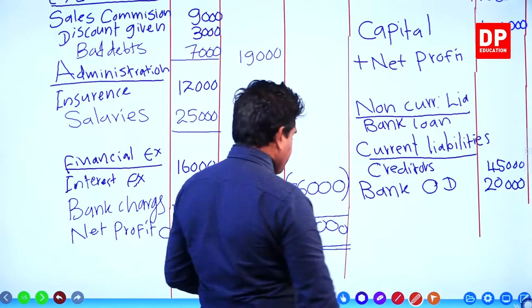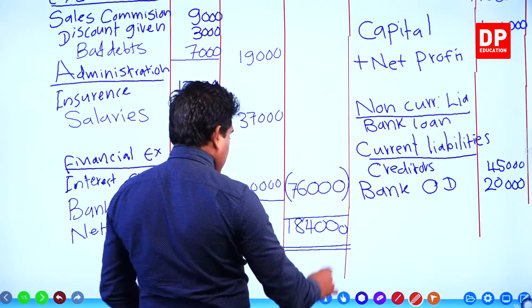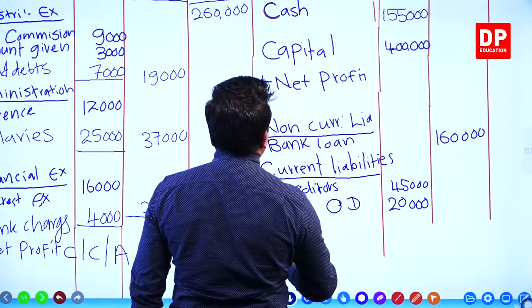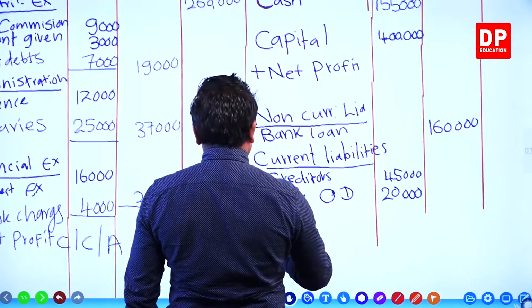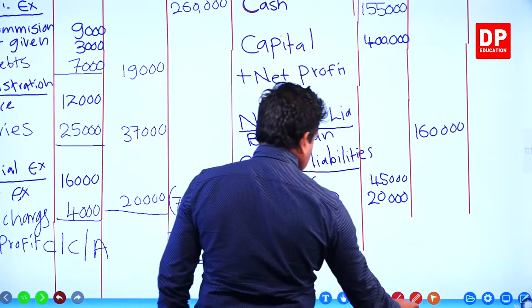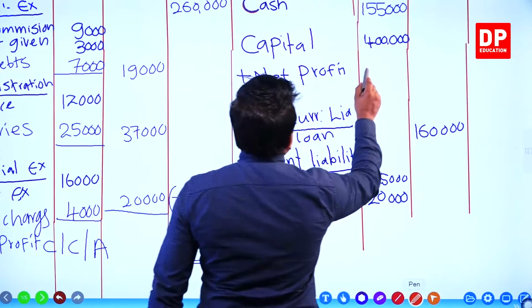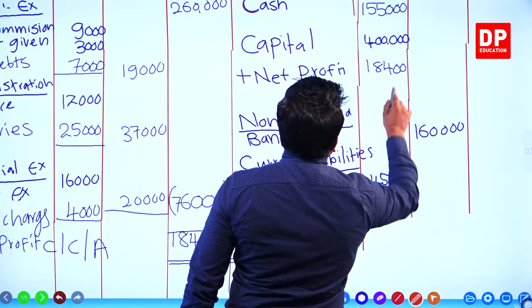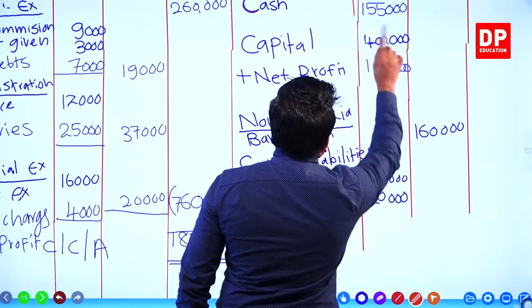Now you bring this value to the capital. Then you go to the statement of financial position where you wrote the capital, right? Under the capital area you write 184,000. Then you can add these two.